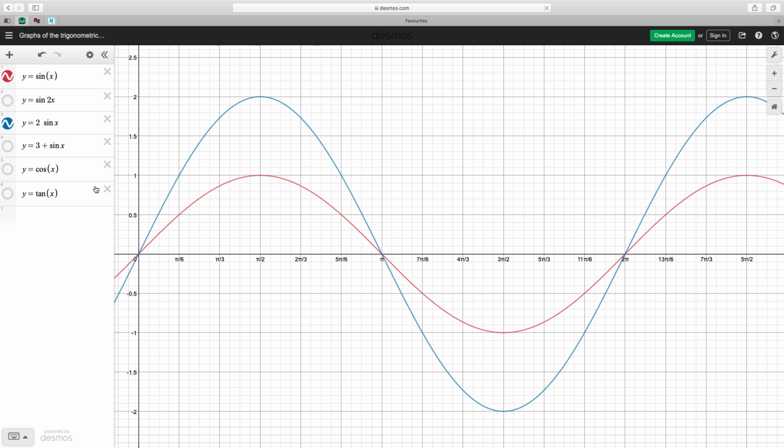So for the sine of x, the range was originally from what? No, the period was 360. The range was 1 and minus 1. Maximum height was 1, minimum height was minus 1. So it was 1 to minus 1. That was the range.